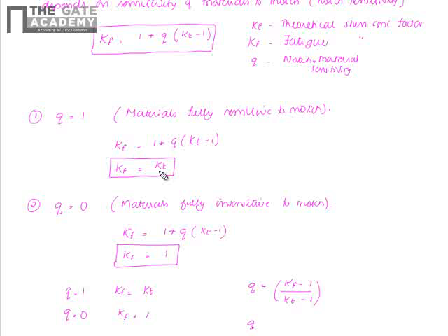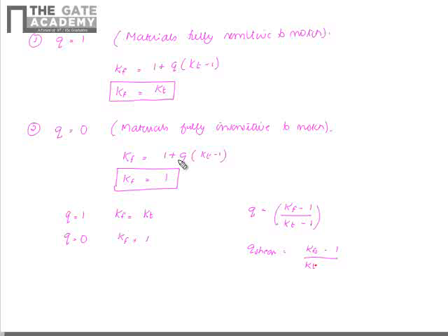Similarly, for shear also, Q shear is equal to Kfs minus 1 by Kts minus 1. This is the notch sensitivity of the material for fatigue. So, the stress concentration factor for fatigue depends not only on the theoretical stress concentration factor, but also depends on the notch sensitivity, or how sensitive a material is to the presence of notch.